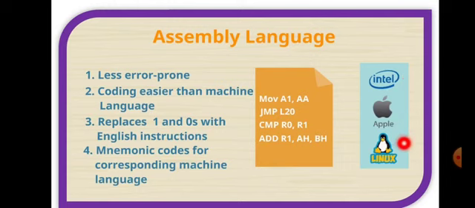Based on Linux, an assembly language can be written. So it is specific to a particular computer architecture, and sometimes this assembly language is specific to a particular operating system. Number 1 is Intel, number 2 is Apple operating system, number 3 is Linux operating system.